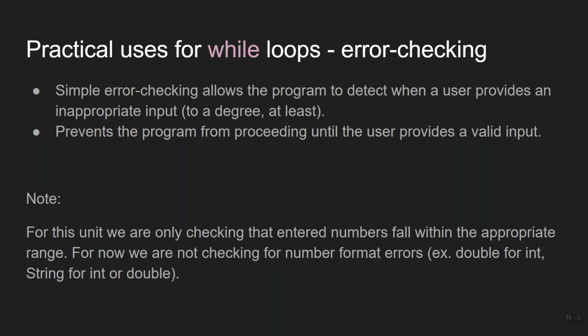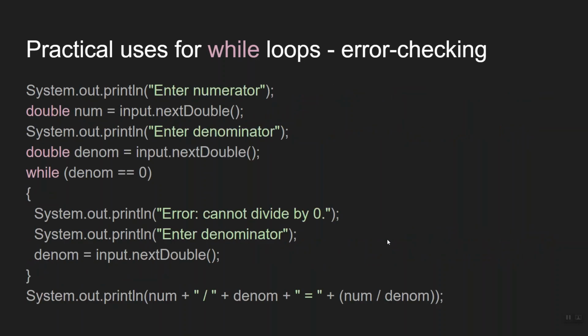For this unit, we're going to focus on checking to make sure that the numbers they entered fall within an appropriate range. Not too big, not too little. If the user enters a number that's not appropriate for the program, we're going to catch it in the while loop and prompt them to redo it, and if they try again, it's going to prompt them again, and it won't let them out until they've done it correctly.